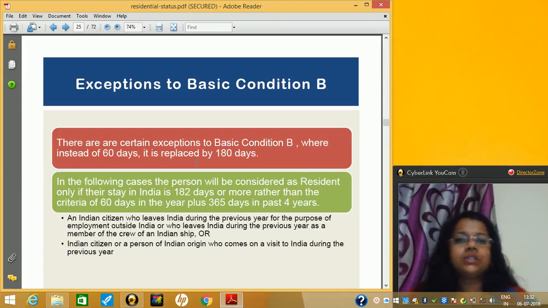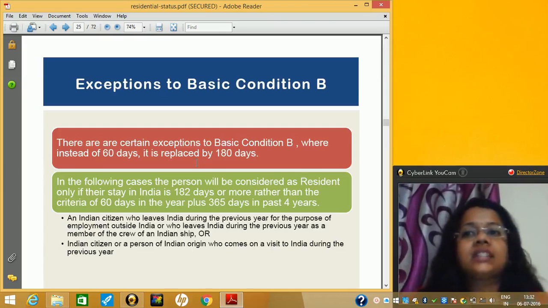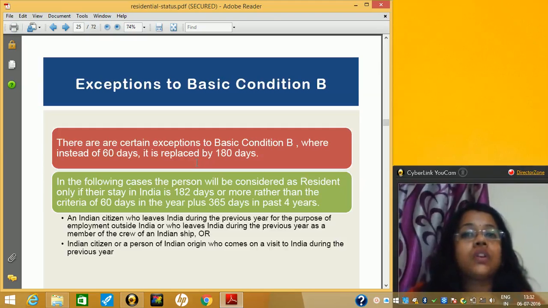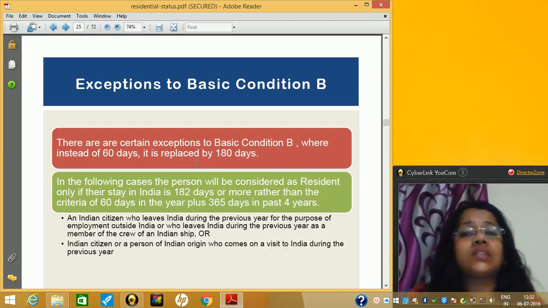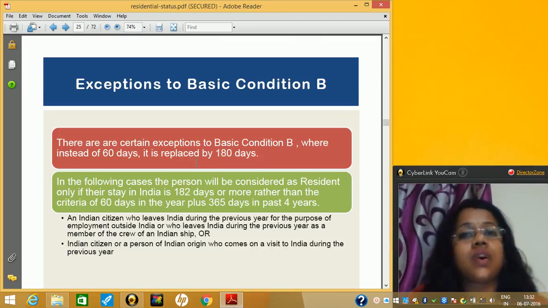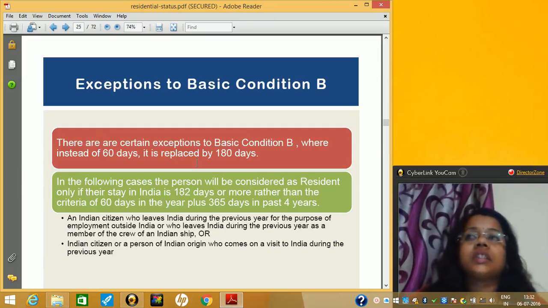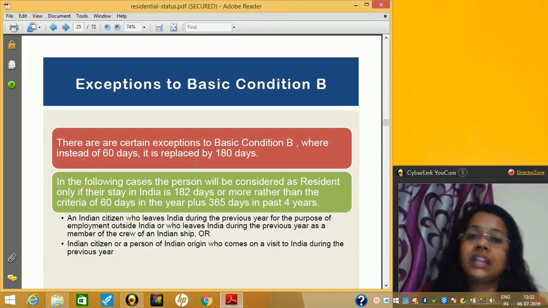So let's summarize what we have studied today. Section 6 of the Income Tax Act 1961 lays down the provision of residential status. Section 6 subsection 1 lays down the provision regarding the determination of residential status of an individual. There are two types of taxpayer: first resident, second non-resident.